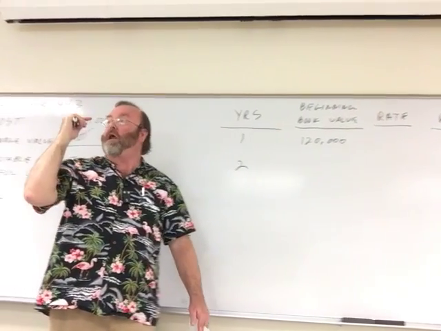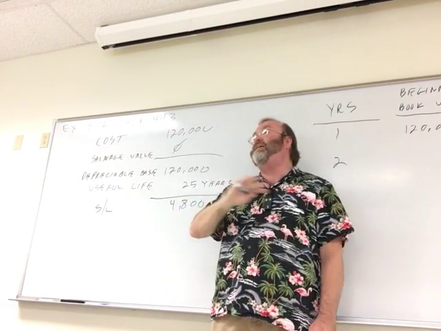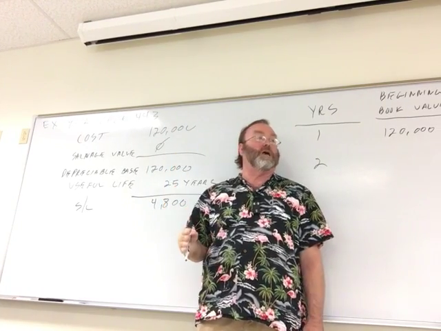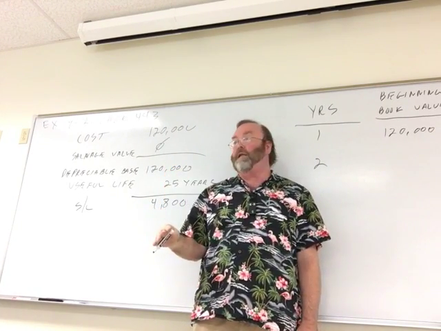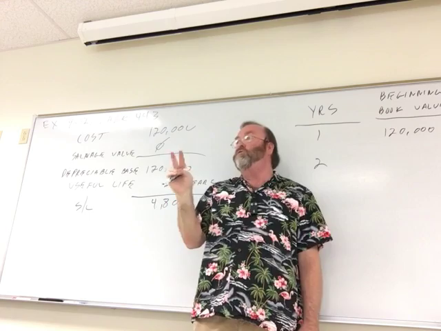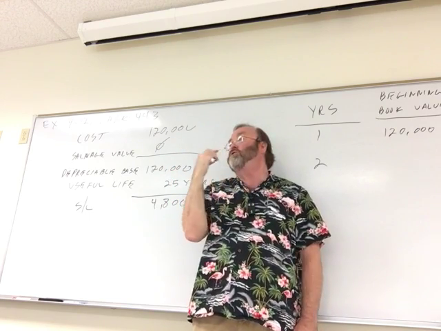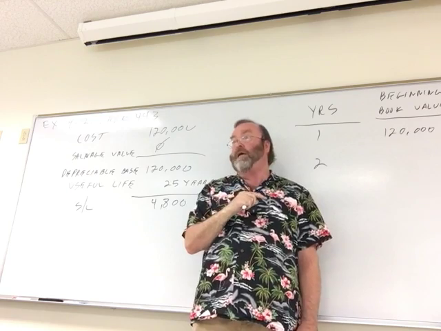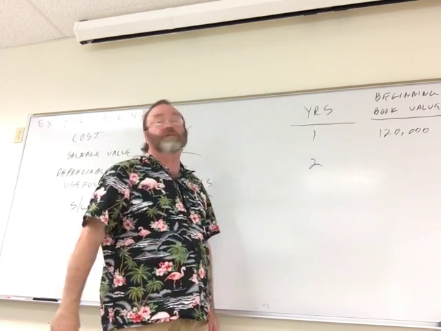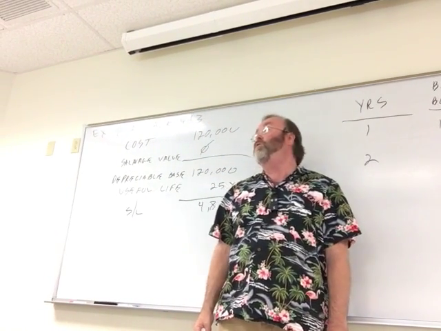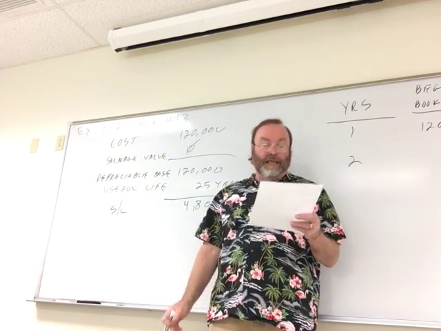This is where double declining balance differs from units of production or straight line. Both of those use the depreciable base. This uses book value. Okay? So $120,000 is book value at year 1.